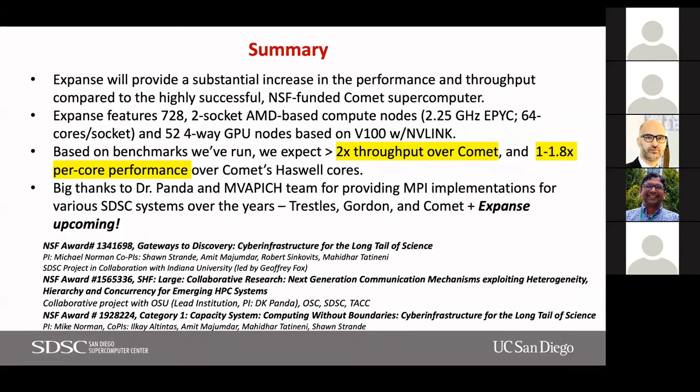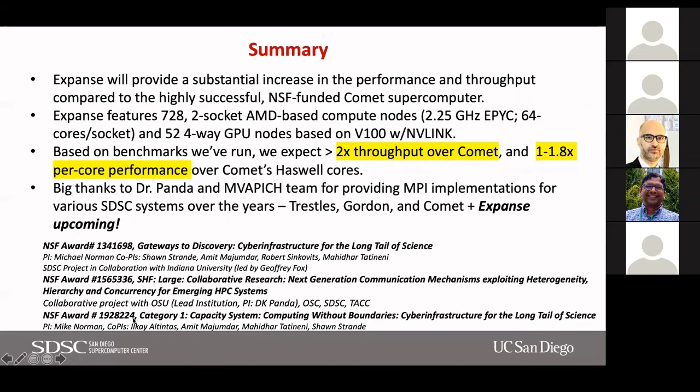So just to summarize, it's essentially going to be a huge increase in throughput, more than 2x of Comet. And in terms of benchmarks that we've seen, anywhere between 1 to 1.8x improvement on a per core basis. And I do want to say big thanks to Dr. Panda and the MVAPICH team for providing MPI implementations for various SDSC systems over the years: Trestles, Comet, Gordon, and Expanse that's coming up.